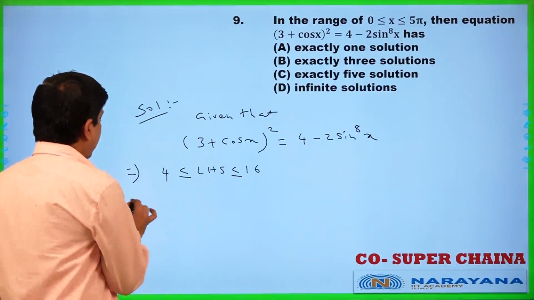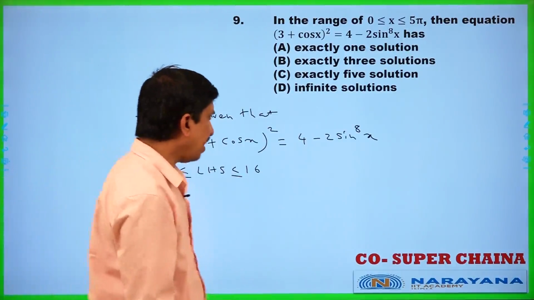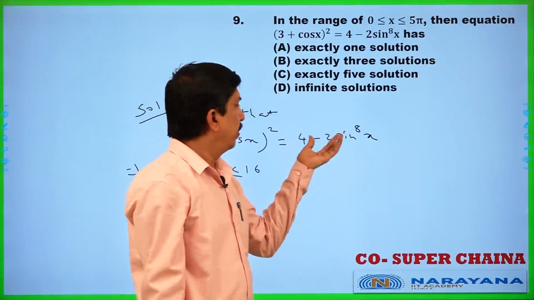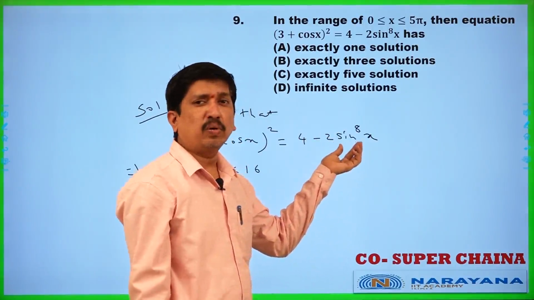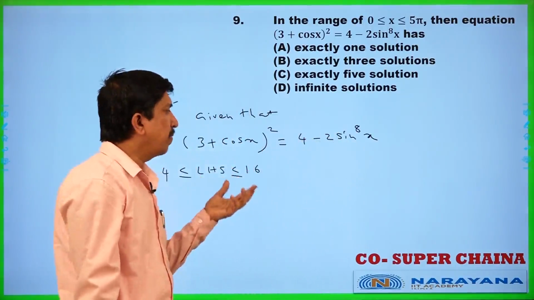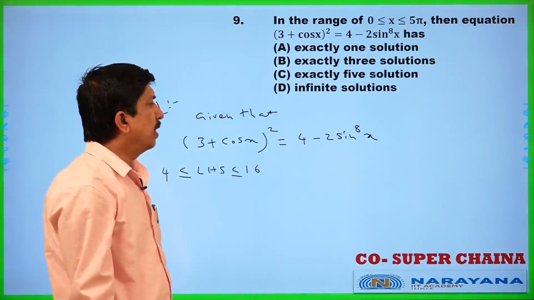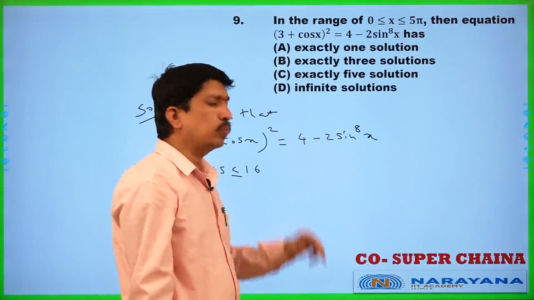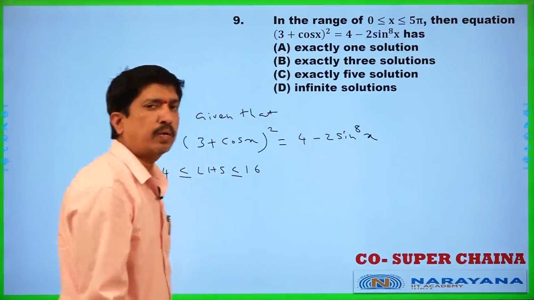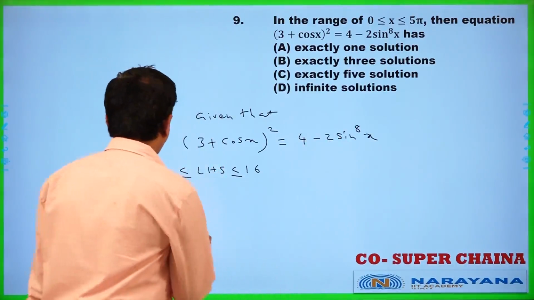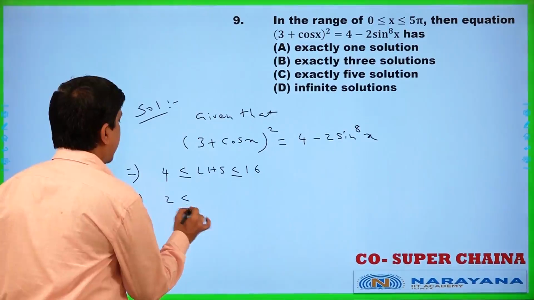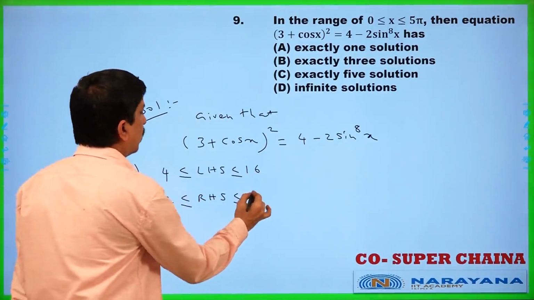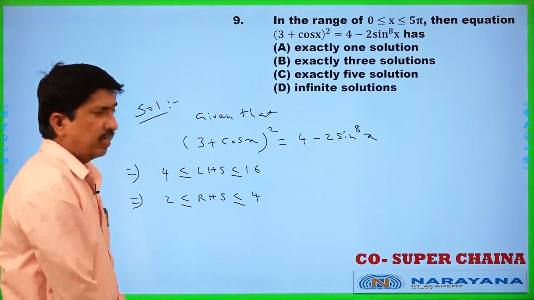Then after that, I will write the RHS. Sin x is 0, this is the maximum. The minus sign is there, so when sin x is 0, 4 is the maximum value. Now, sin x equal to 1, if I put 1, 4 minus 2, what you will get is 2. Now, 2 is less than or equal to RHS, less than or equal to the maximum value 4.